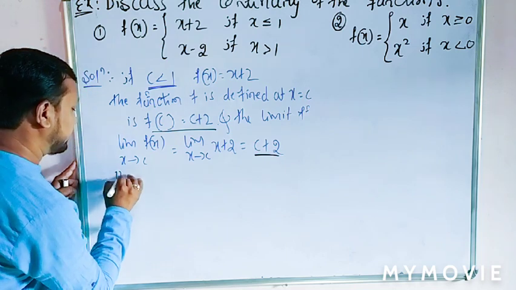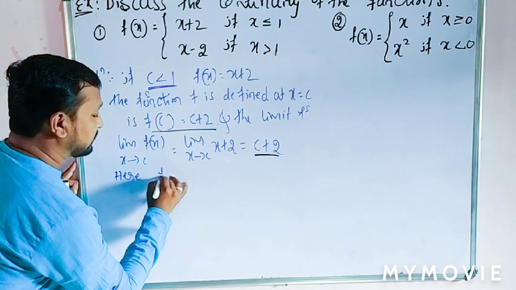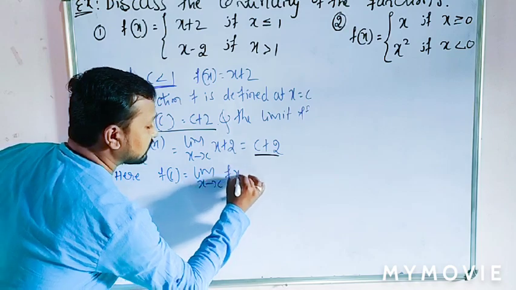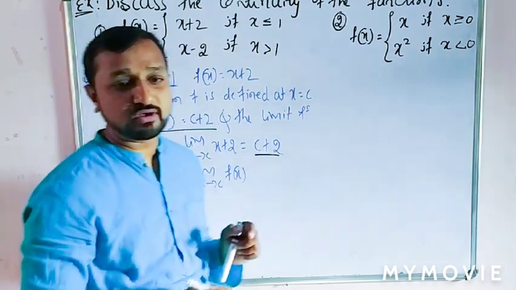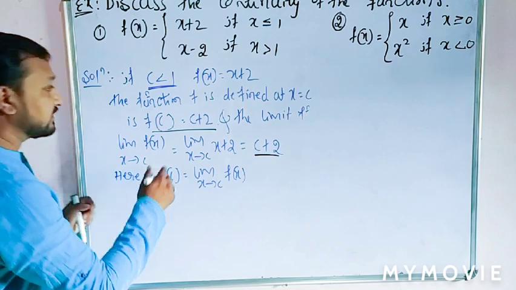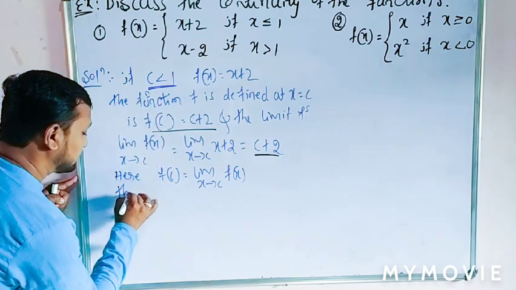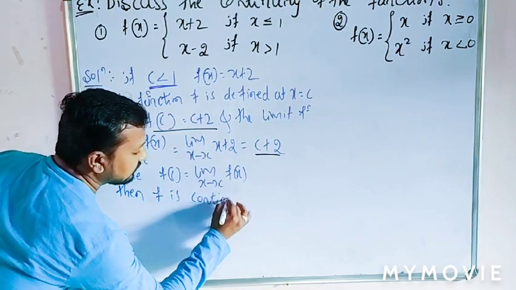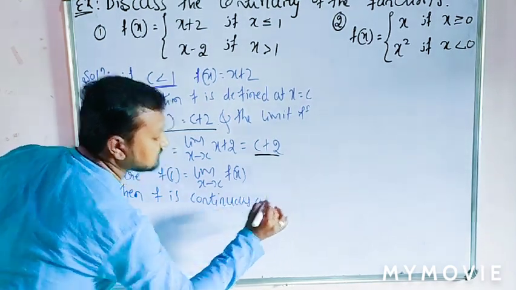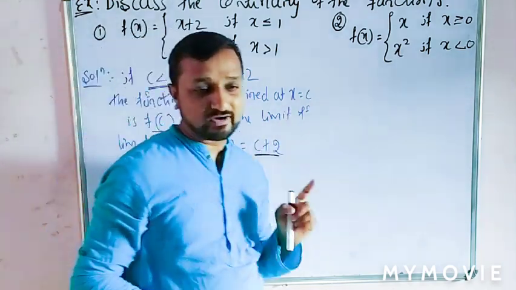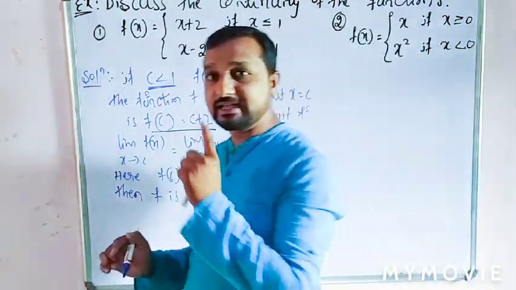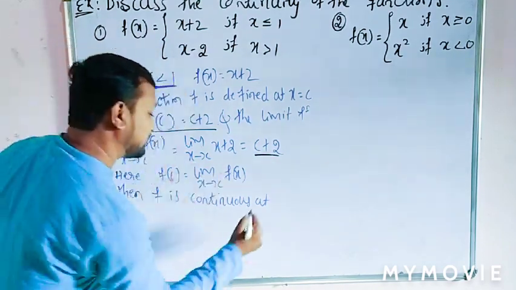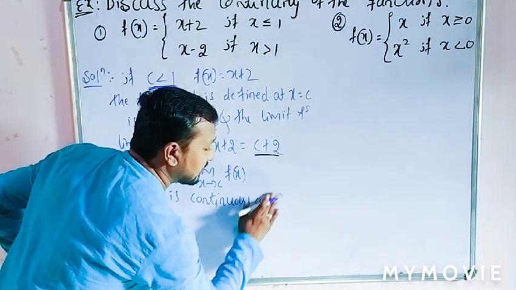The simple step: f of C is equal to the limit of f of x as x tends to C. The function value is equal to the limit. Then f is continuous. So f is continuous at every real number less than 1.